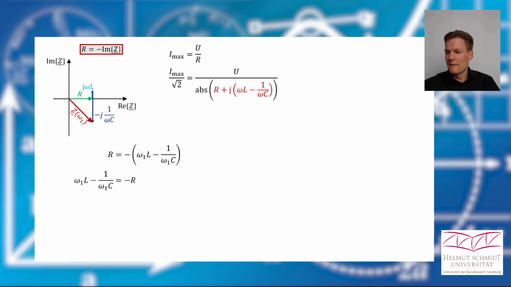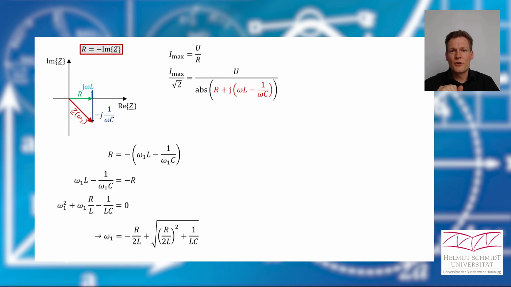So I write the equation the other way around, and now I multiply with omega 1. I bring the R to the other side and I divide by L. And now I can use my PQ equation, and it leads to this here.